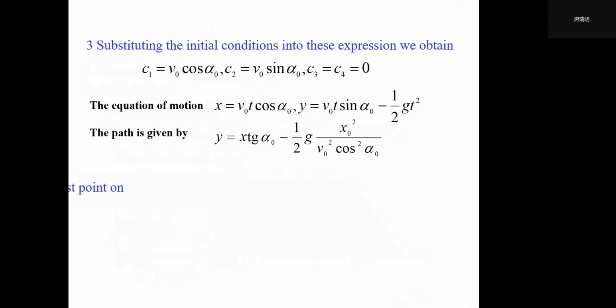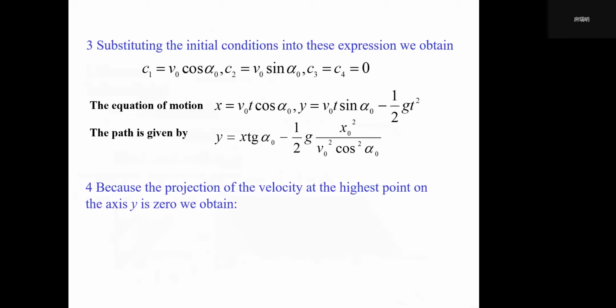You just need to substitute the initial conditions into this expression, and we can obtain this. Then we can find the equation of motion, and the path is given by this, right? So this is y and this is x, right?